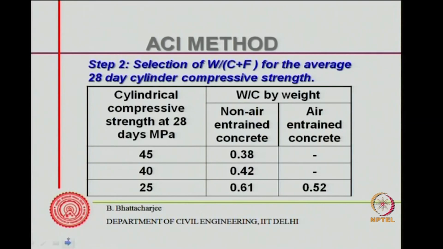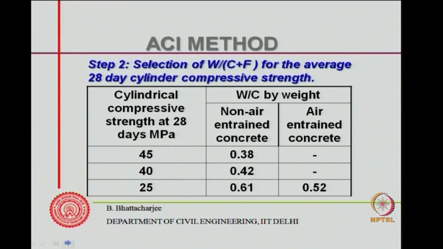But what is average strength? You see, when we are talking of IS method, we talked of target mean strength FM, which was FCK, that is your characteristic grade strength, plus 1.65 sigma.